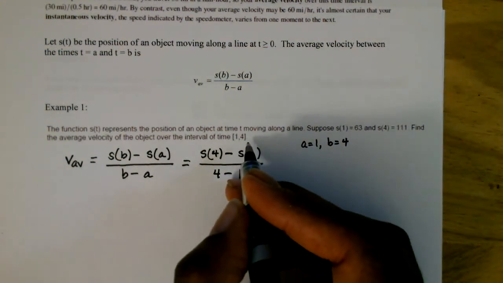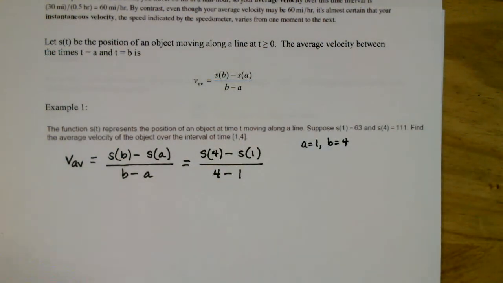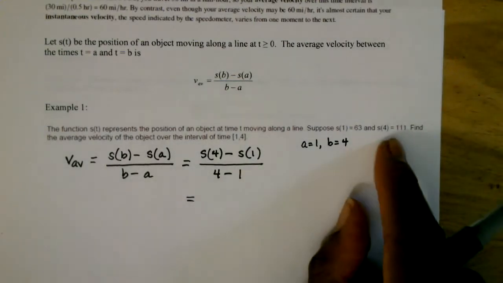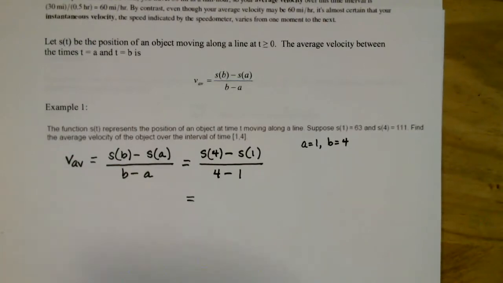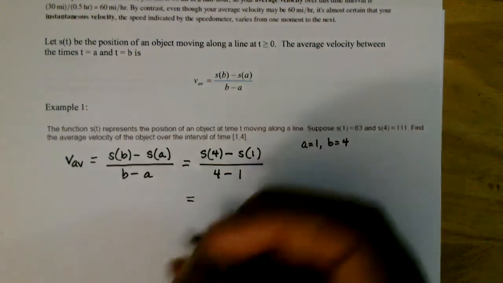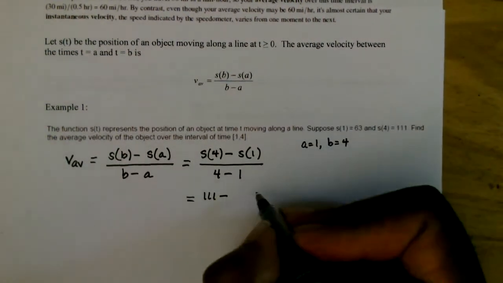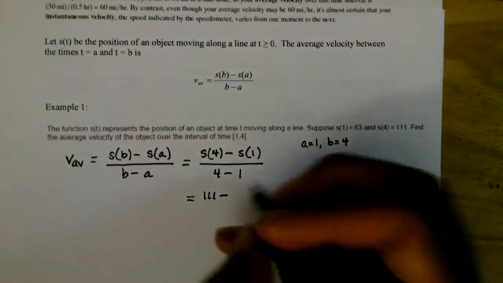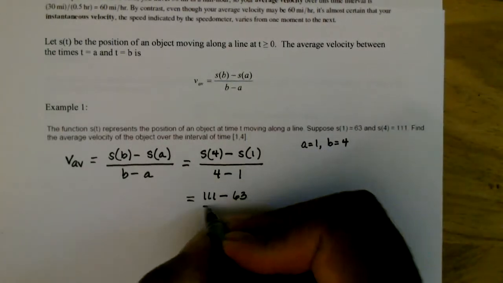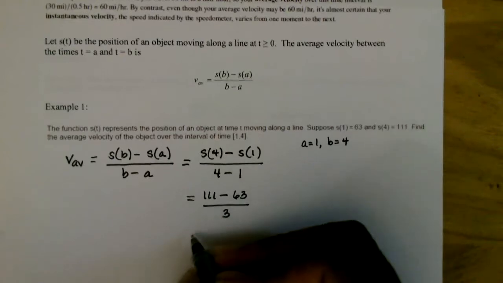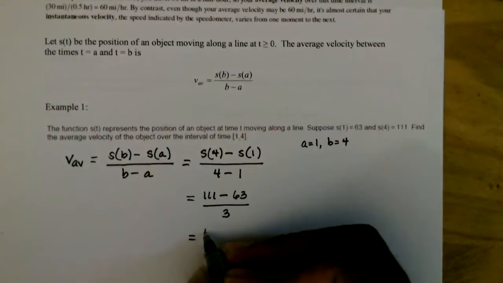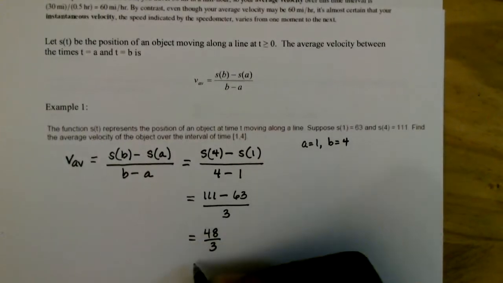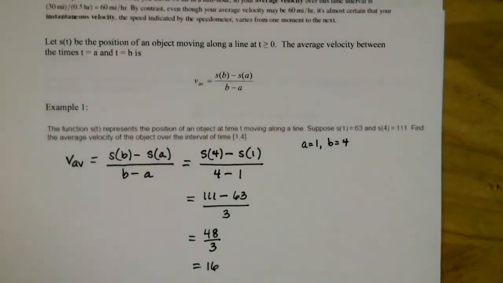Now, s(4) is given to you as 111, minus s(1), that's 63, and that's divided by 4 minus 1, which is 3. If I subtract 63 from 111, that will be 48. And then 48 divided by 3 is 16.